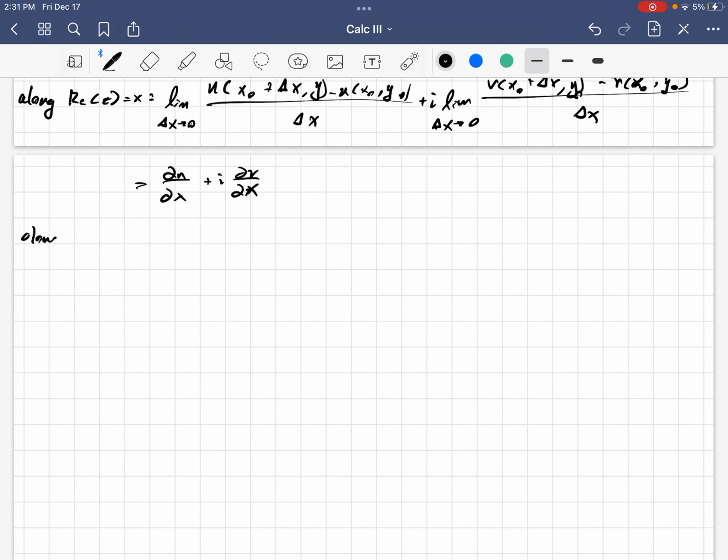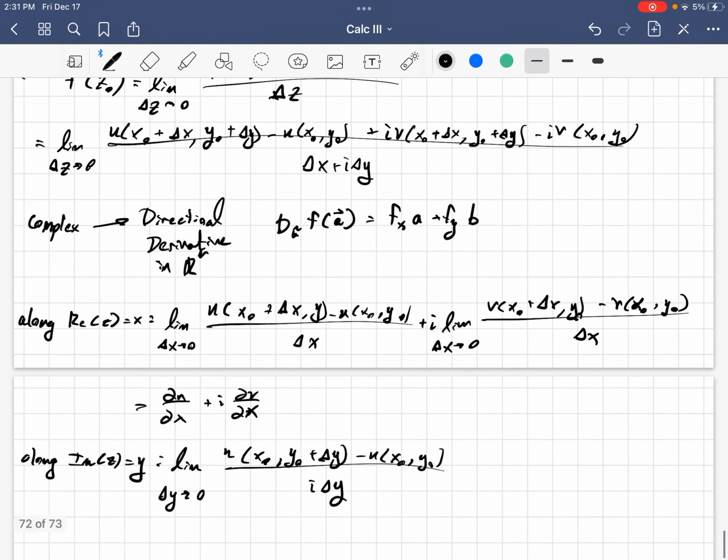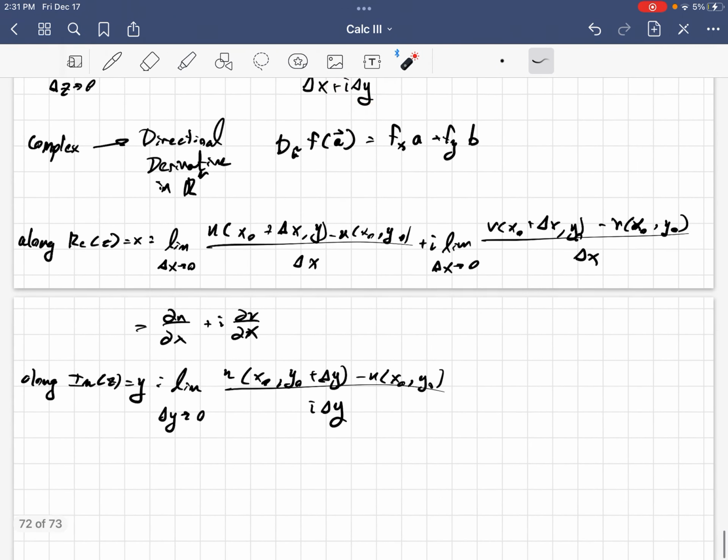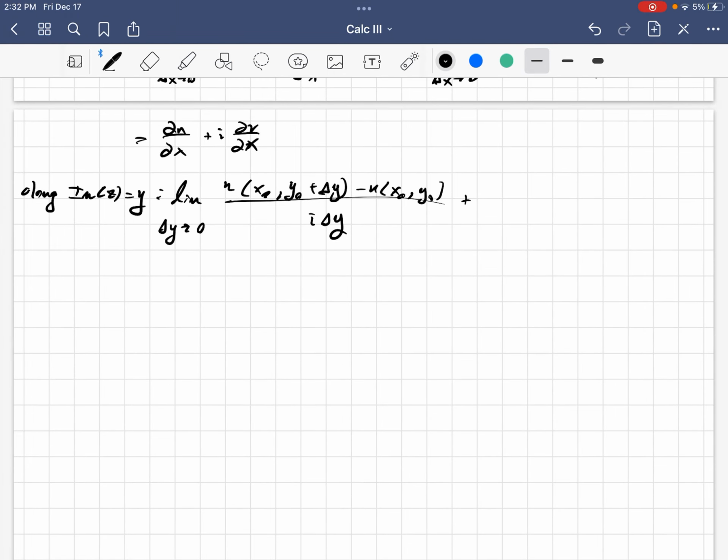Okay, and now along the imaginary axis, which is y, we get the limit as delta y goes to 0 of u of x naught, comma, y naught plus delta y, minus u of x naught, comma, y naught, all over i delta y, because remember delta z is delta x plus i delta y, plus i times the limit as delta y goes to 0 of v of x naught, comma, y naught plus delta y, minus v of x naught, comma, y naught, over i delta y.